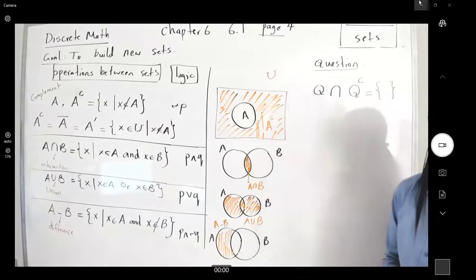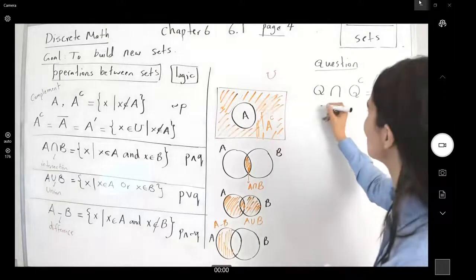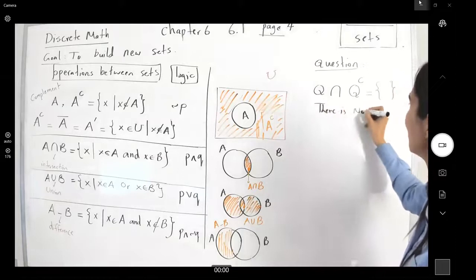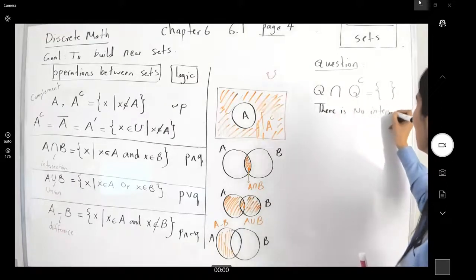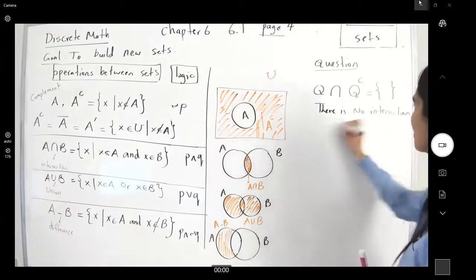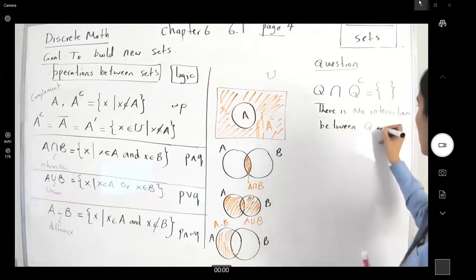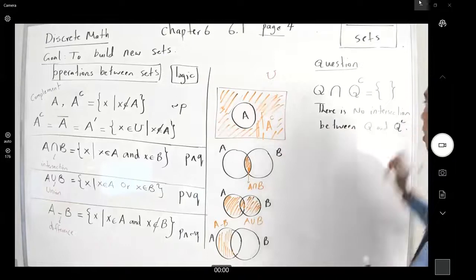What's the name for it? The name is empty set. There is no intersection between Q and Q complement.